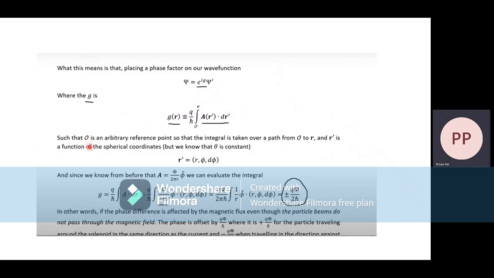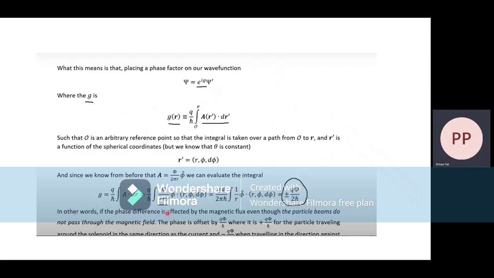The path starts at an arbitrary reference point, so that the integral is taken over a path from this point to this, and r prime is a function of spherical coordinates, and theta is constant here. So r prime is a function of r, phi, and d phi. If you evaluate the integral, you will see g becomes plus minus q phi by 2 h cut.